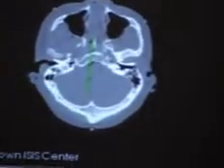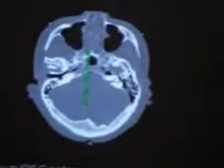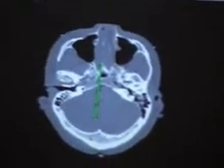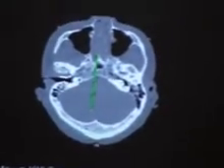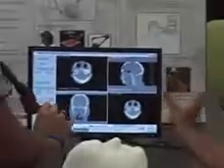Now the tracking has started. You can see that when we move the microscribe on the head, there are changes in the slices of the image.